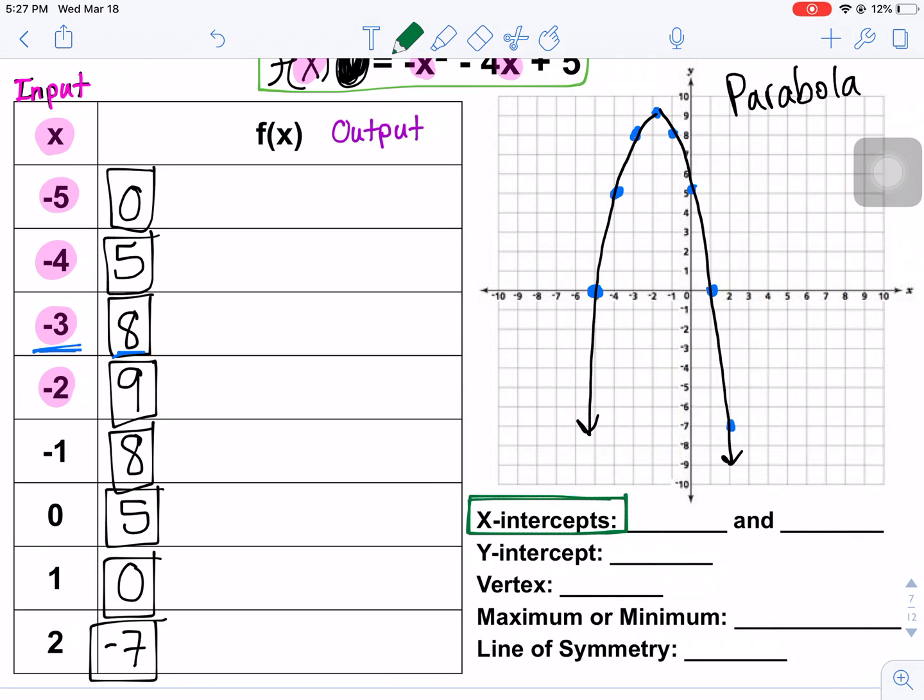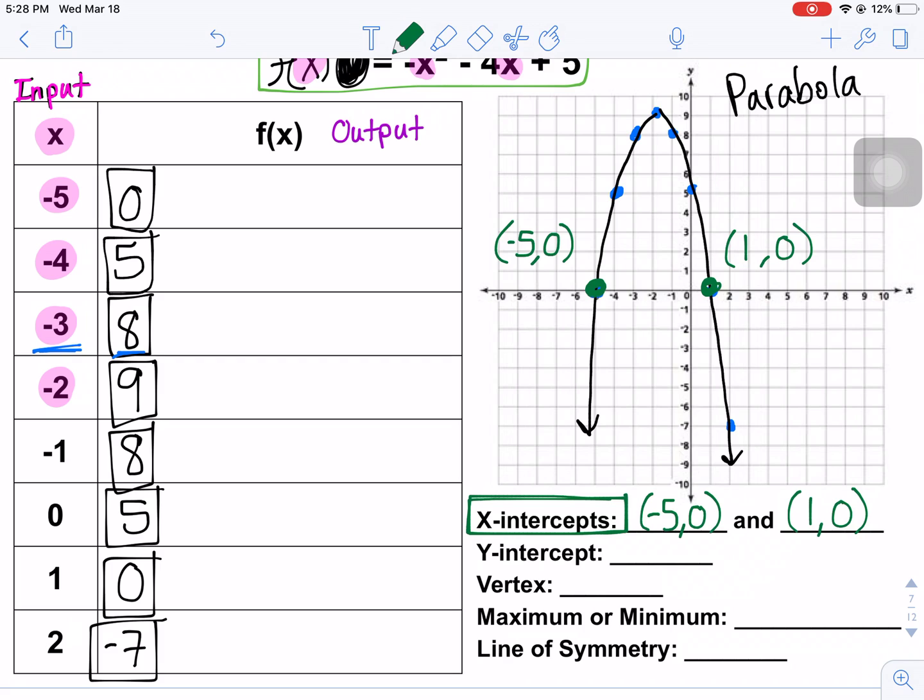Now we're going to look at our graph. In green, our x-intercepts are where our graph crosses the x-axis. So that's at (-5, 0) and (1, 0). So we'll fill that in to our table.